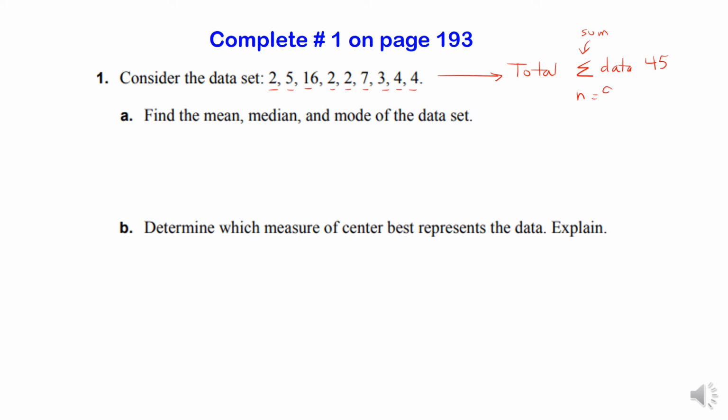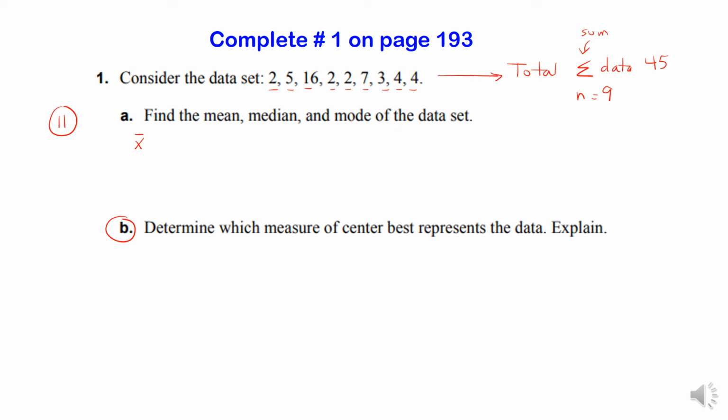So N equals 9. Now that you've got those numbers, you can very quickly find the mean. Then I want you to find the median. You're going to put the numbers in order, and then you're going to find the mode. So just push pause. Don't forget you're going to want to determine this before you come back on, and we'll see how you do.